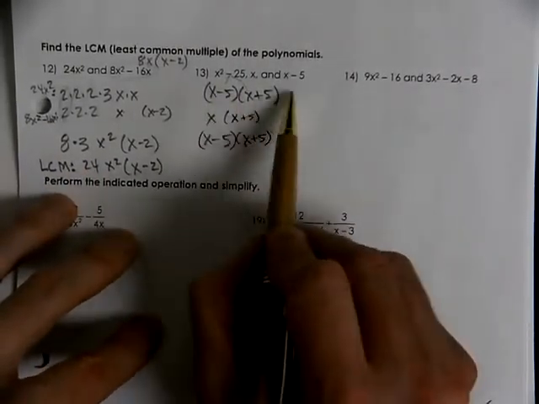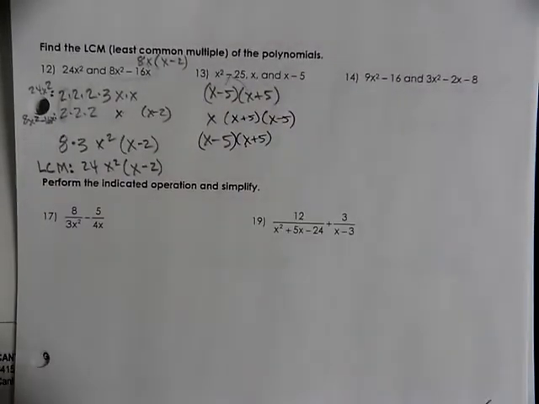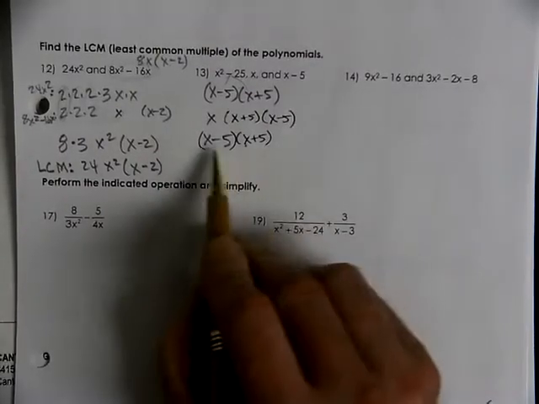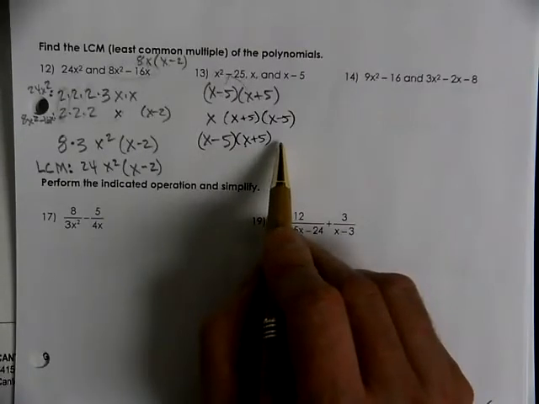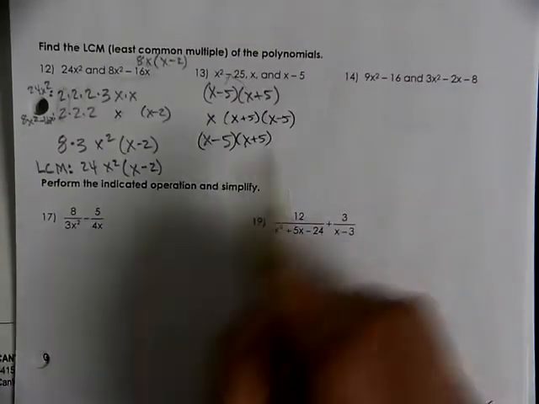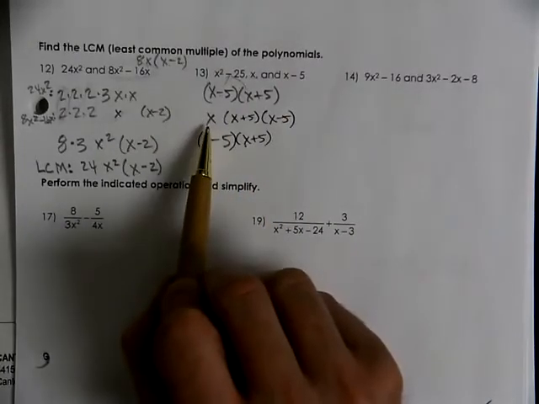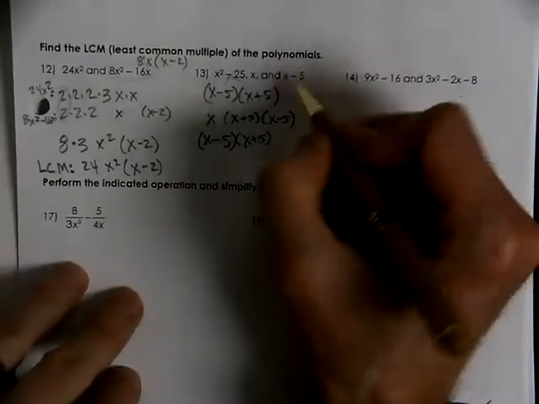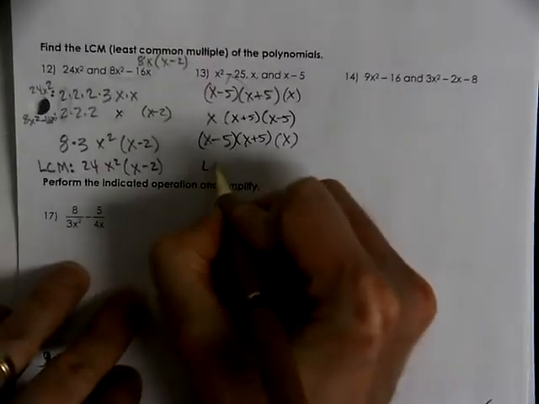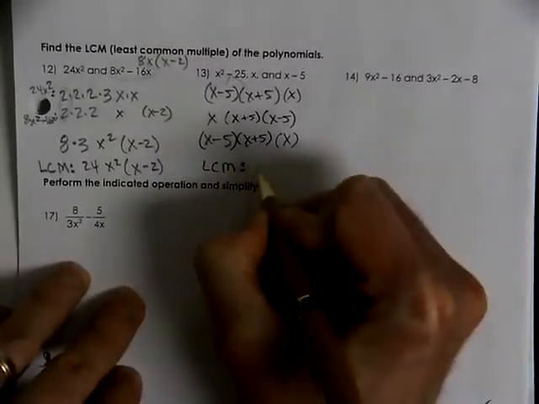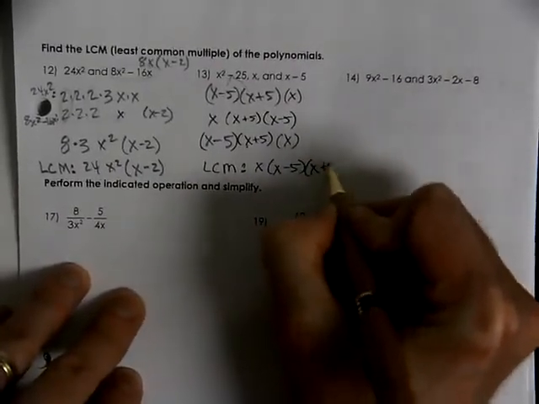So this one already has the x minus 5. This one does not. So this guy needs an x minus 5 in it. This one already has an x minus 5 in it. So you don't need to put another one there. Now are they all the same? This one has an extra x. So that extra x is part of your LCM. So my LCM is going to be x times x minus 5, x plus 5.